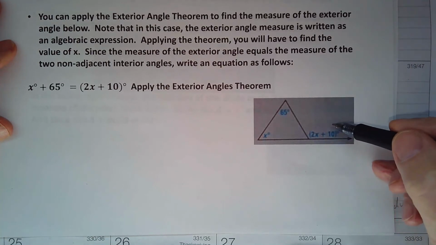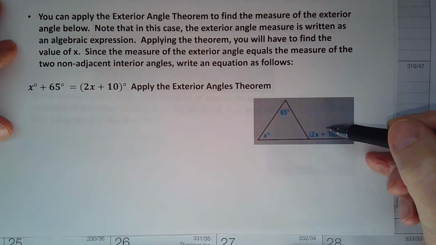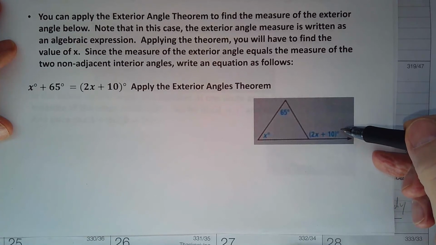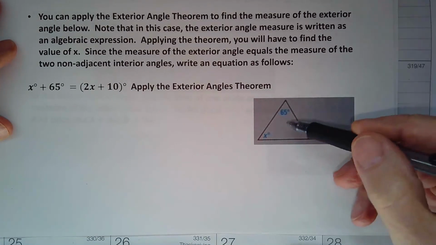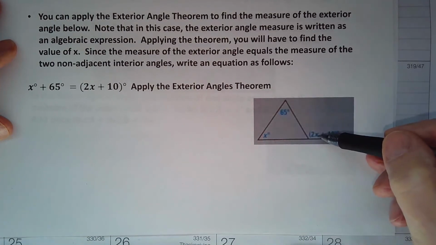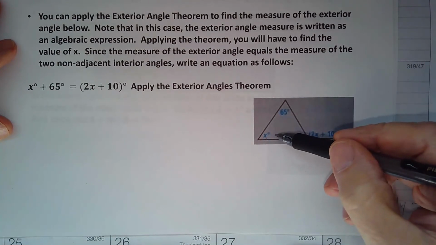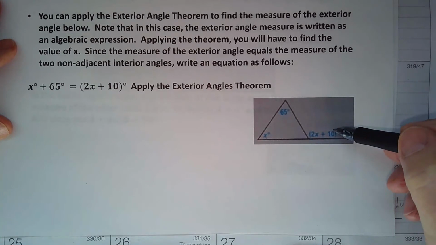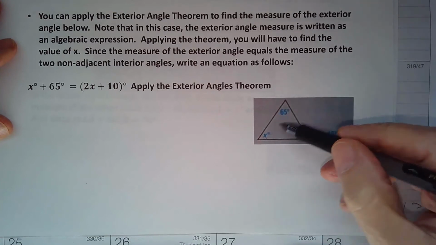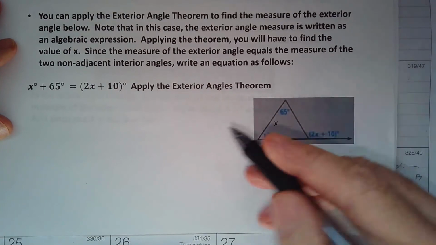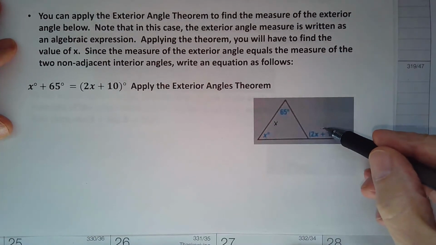Here's the exterior angle. It's 2x plus 10 degrees. And then the two interior angles that are opposite this exterior angle, remember, according to the exterior angle theorem, equal the measure of the exterior angle. So you just add those two together and they equal this exterior angle.